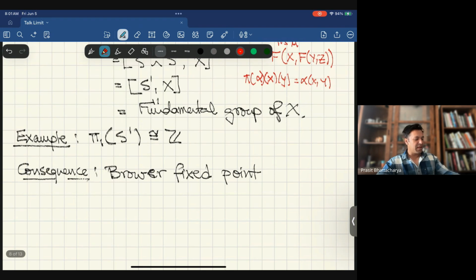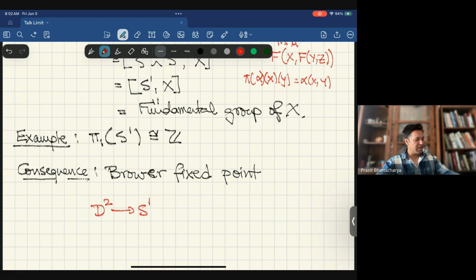But what I'm going to say is that the Brouwer fixed point theorem says that if I have a map from a 2-disk to itself, it will always have a fixed point.